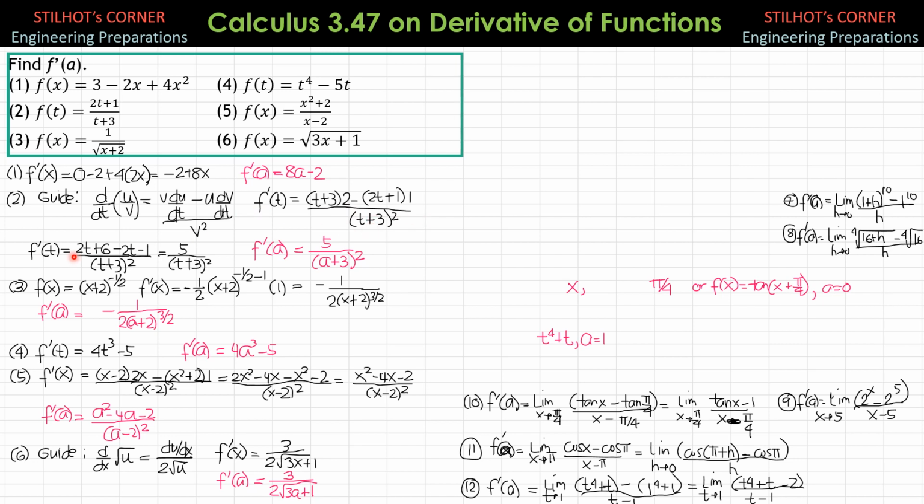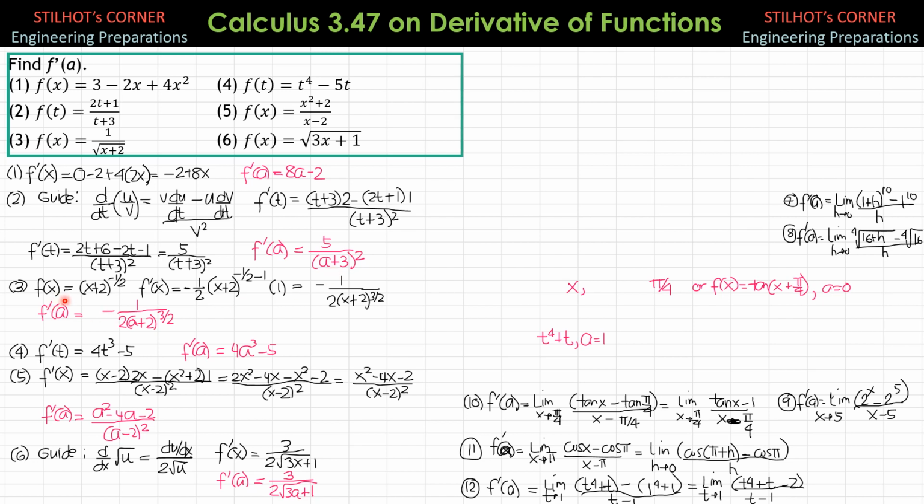Simplifying, f prime of t is 2t plus 6, then minus 2t minus 1. Then we can cancel 2t, then 6 minus 1 is 5, all over t plus 3 quantity square, replacing t by a, so f prime of a is 5 over quantity a plus 3 square.